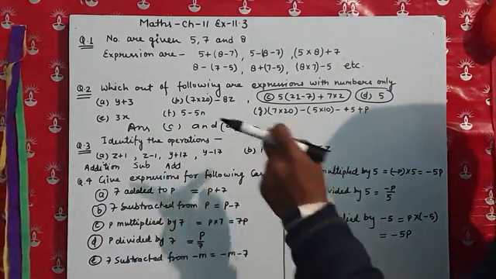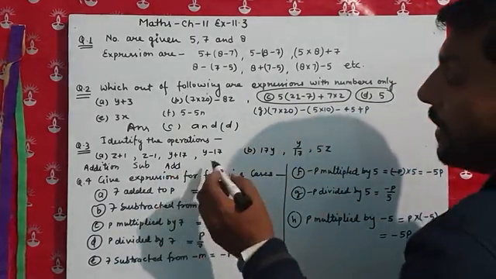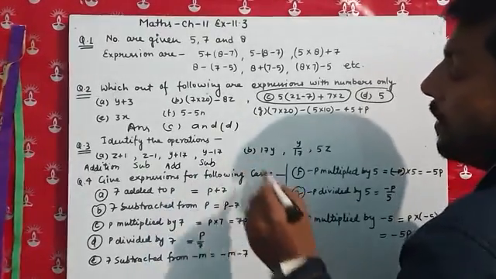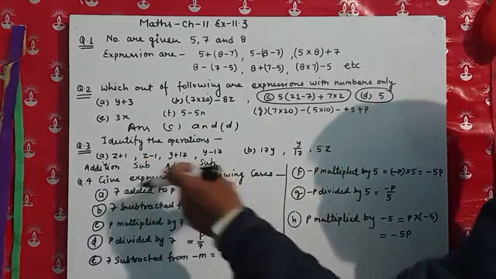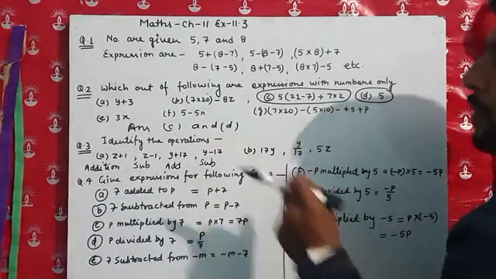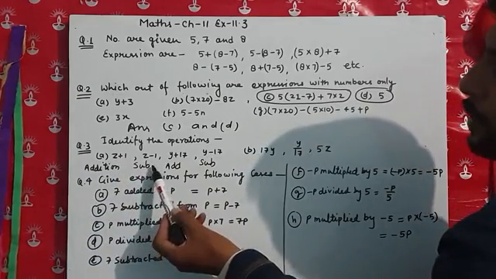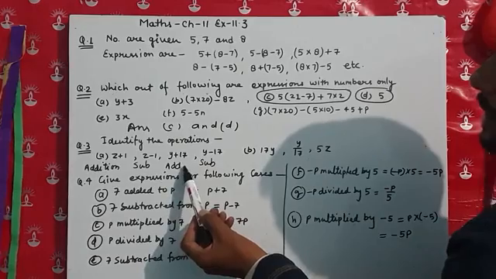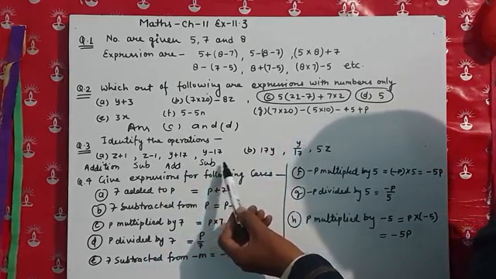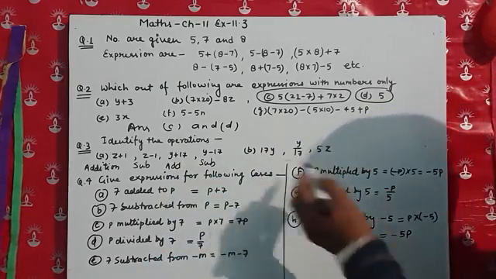In the next one y minus 17, this is subtraction, so we will write down subtraction. Same thing, we have to write down the operation we are using. In the first there is addition, in the second subtraction, in the third again addition, in the fourth again subtraction. Now we are going to the part B.